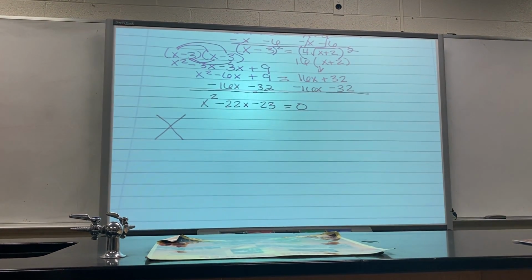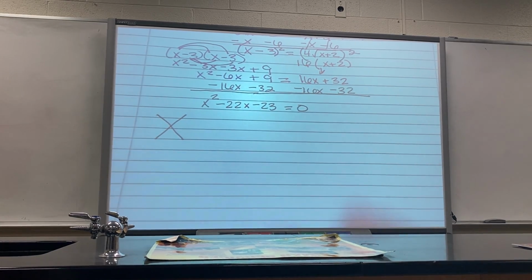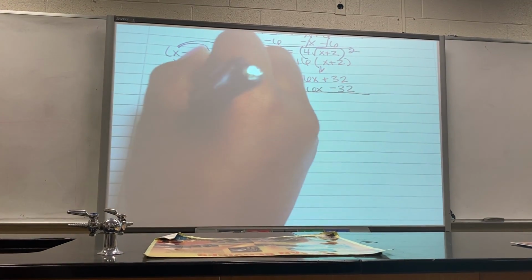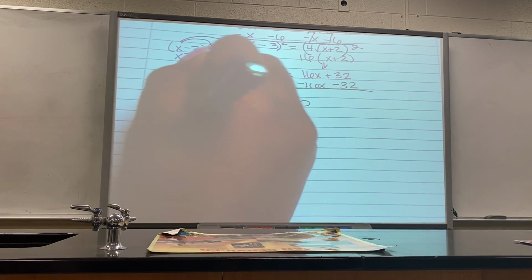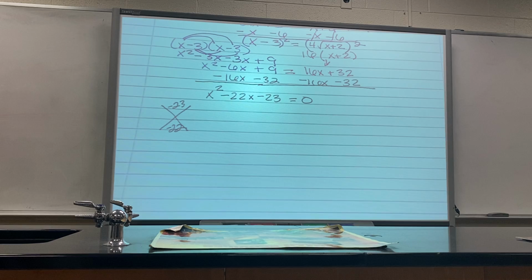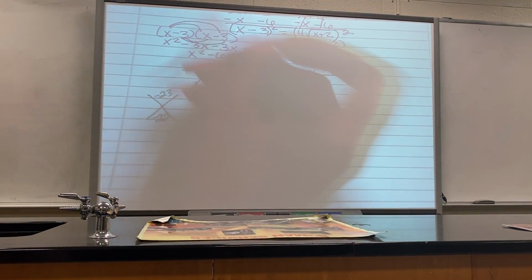What will go at the top? Positive or negative? Negative. And at the bottom? Negative 22. So two numbers that multiply to give me negative 23 but add to give me negative 22. Negative 23 and 1.